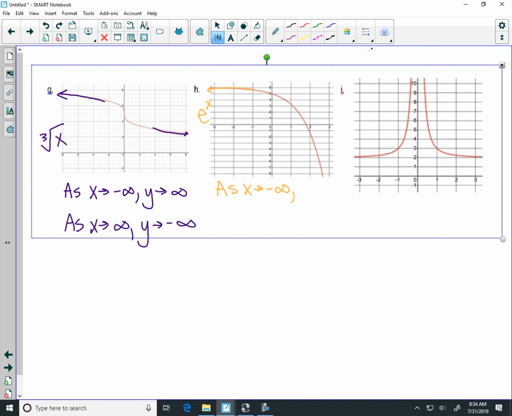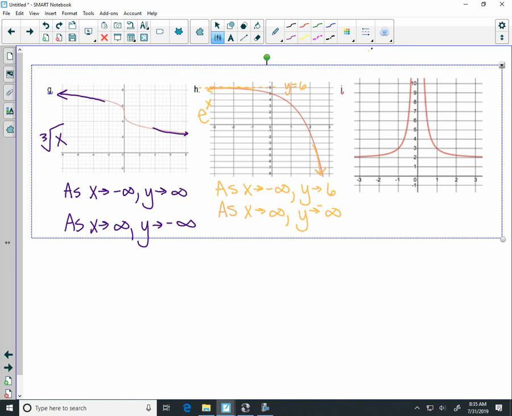This y is going to 6. You have to identify e to the x and know that that horizontal asymptote is there. And then as x approaches positive infinity, here our y is decreasing, our y is going to negative infinity. And it's going fast because it's an exponential.